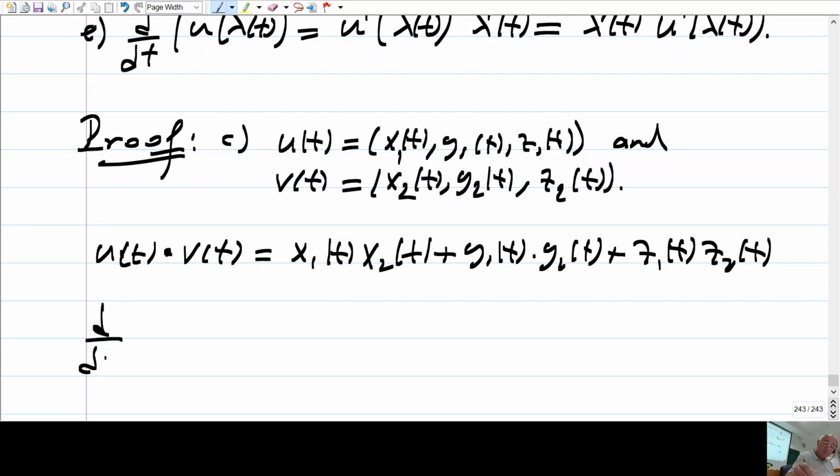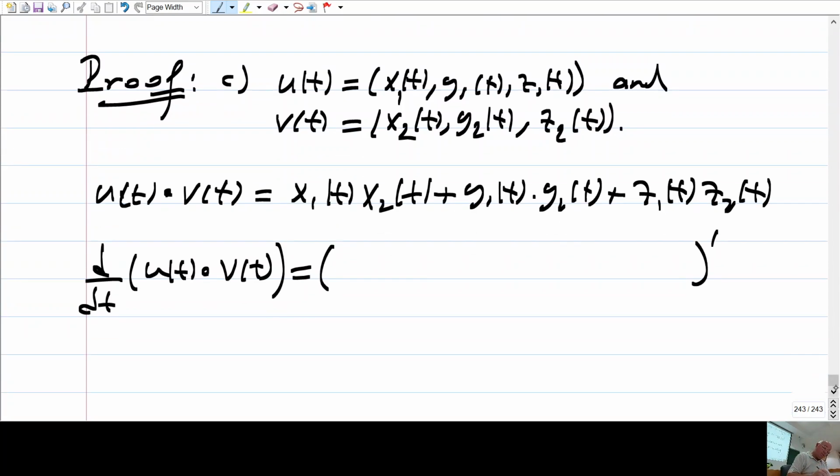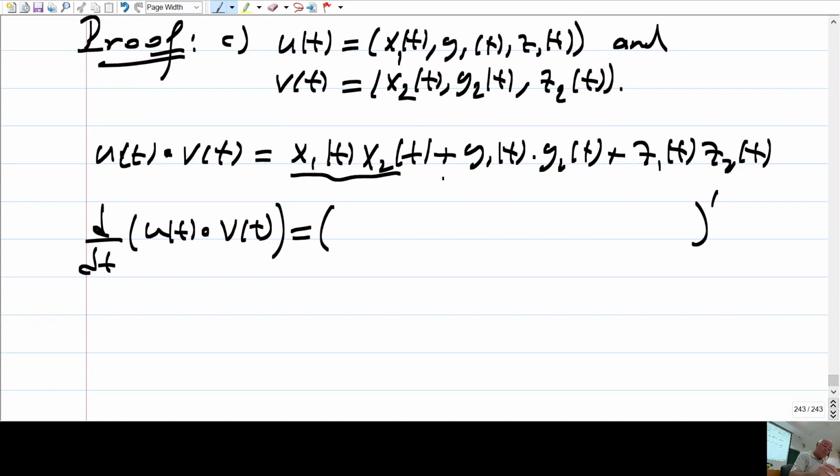I want to take the derivative of this. Well, you just take derivative of this object. So you take derivative of each one separately. What is the derivative of the first guy? Well, that is just x1 prime x2 plus x1 x2 prime. This is the product of two scalar valued functions, so I apply the usual Leibniz rule.